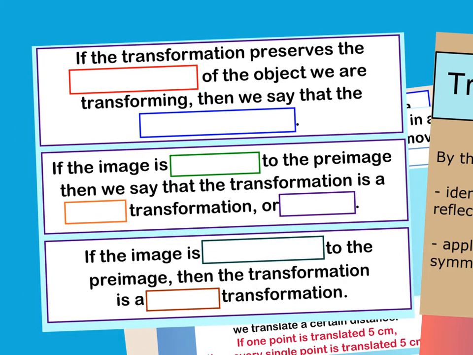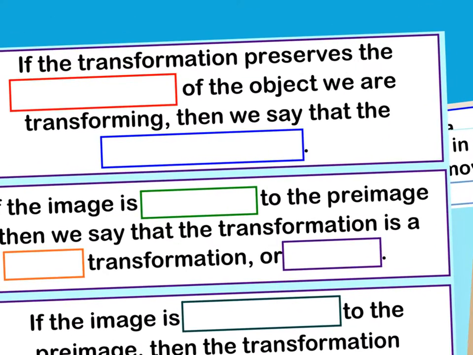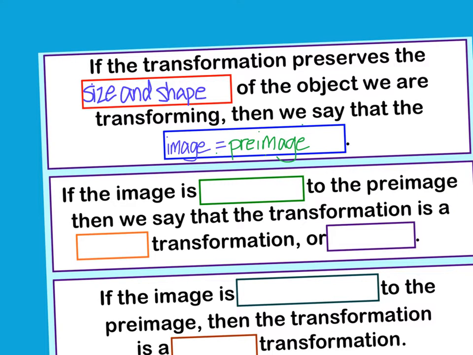If the transformation preserves the size and shape of the object that we are transforming, we say that the image is congruent to the pre-image, meaning that the shape after you slide it or turn it will be the same exact shape as the shape before you slid it or moved it or turned it or reflected it.